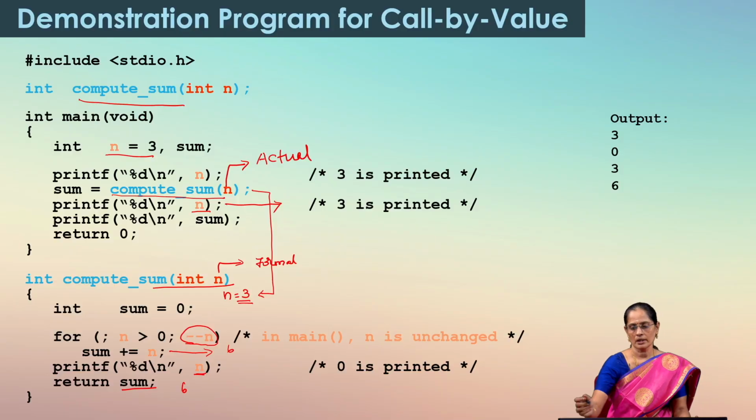So, we can see that the output is going to be 3 initially, because the formal argument takes the actual argument, and we display its value as 3. Inside the function it is getting decremented and becomes 0, and when it is printed again in the calling function, it still remains 3, and the sum value is 6.